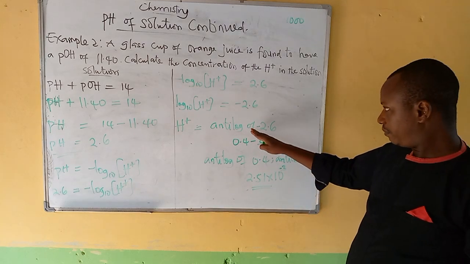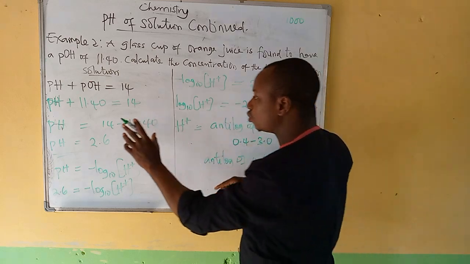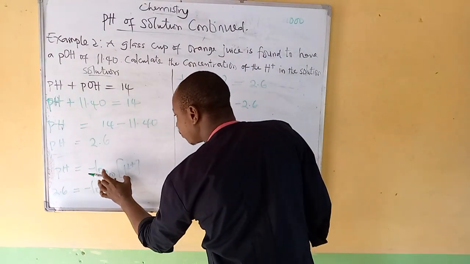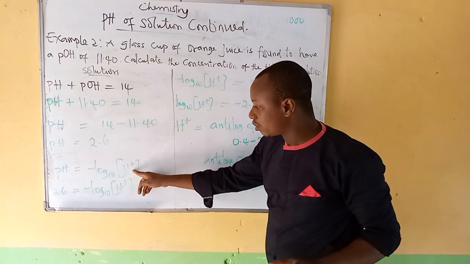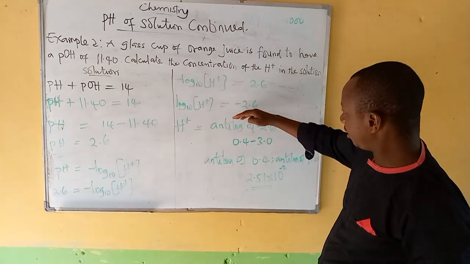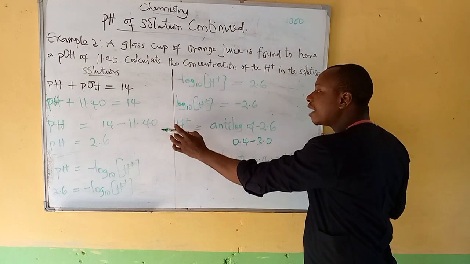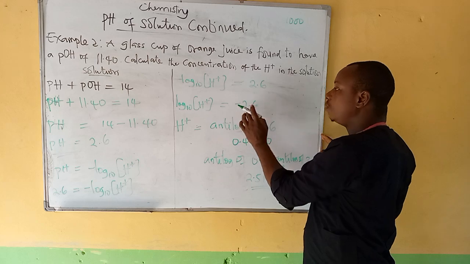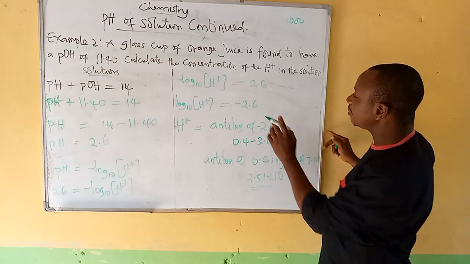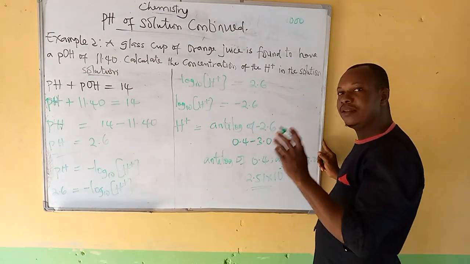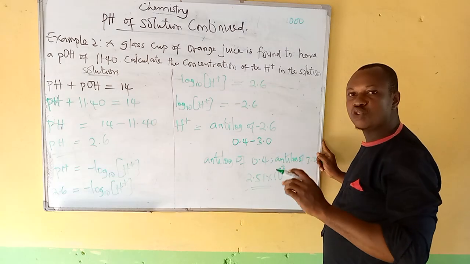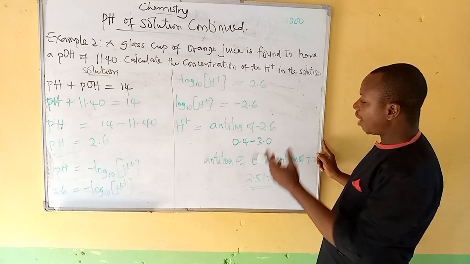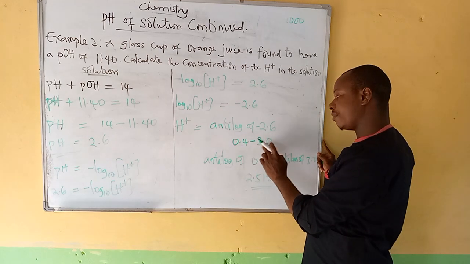Let me repeat it from this side. You truly understood how we got pH to be 2.6. And we apply this formula in order to get hydrogen ion concentration, which we have done here. To get the hydrogen ion concentration, we are going to find the anti-log of minus 2.6. I say that this minus 2.6, we're going to split it into two. Think of two numbers that when you add or minus will give you minus 2.6, and we say that those numbers are 0.4 minus 3.0.